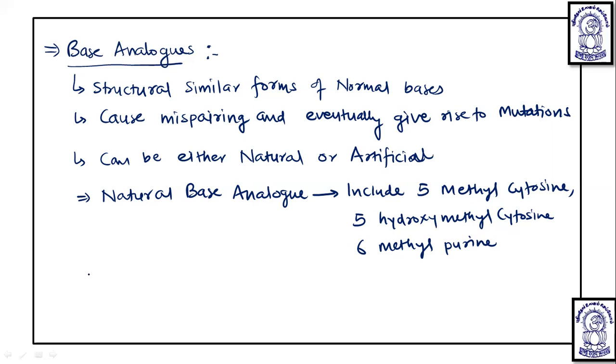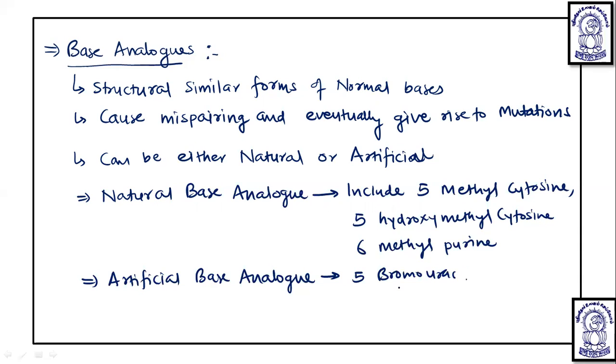But there are some artificial base analogs also. And if we talk about artificial base analogs, they are 5-bromouracil and 2-aminopurine. These two are the artificial base analogs which are most commonly used.